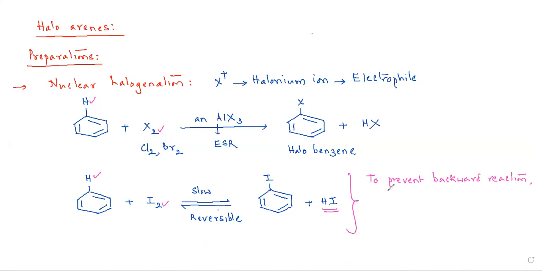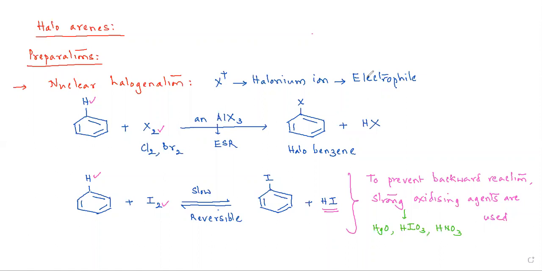So to prevent the backward reaction, strong oxidizing agents are used. See, the strong oxidizing agents include mercuric oxide, iodic acid, HIO3, HNO3.